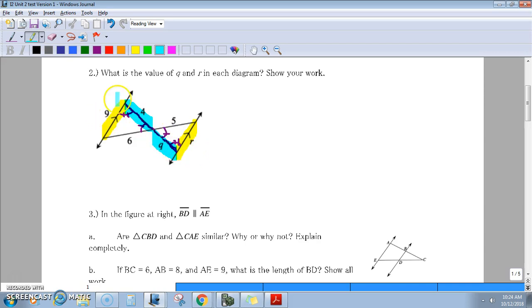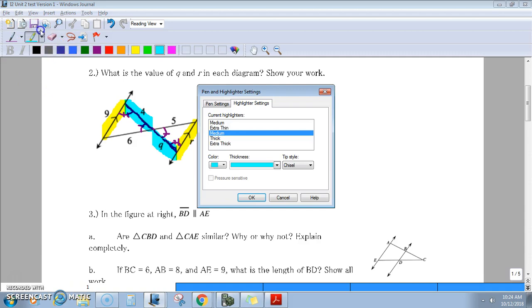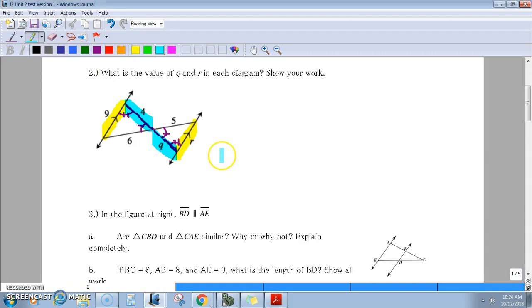We know 9 corresponds to R, and we know that 6 corresponds with 5. So now we can set up some proportions.